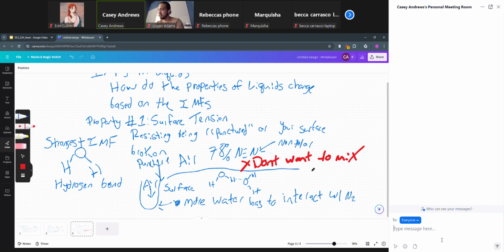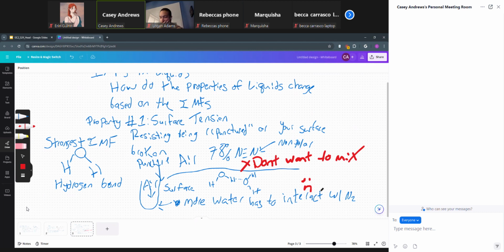And water does not like that, right? Because it can no longer hydrogen bond. So it resists that. That's the force you feel if you try to jump into water and you belly flop. You just hit it with your belly, because you are trying to break all these hydrogen bonds and force them to interact with N2.